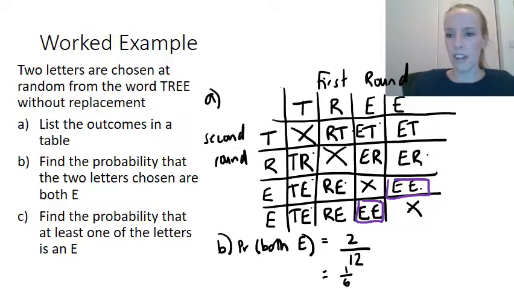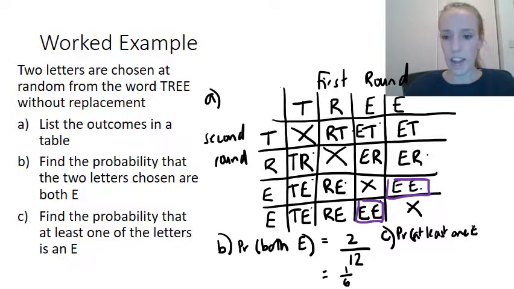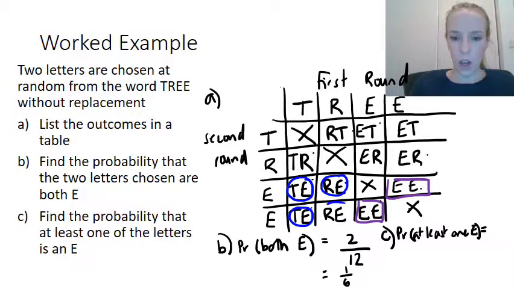Now for C, I'm kind of running out of room, so I'll do it over here. Please work down the page. Find the probability that at least one of the letters is an E. Probability at least one E equals, okay, so we'll count up how many of these have at least one E. 1, 2, 3, 4, 5, 6, 7, 8, 9, 10.